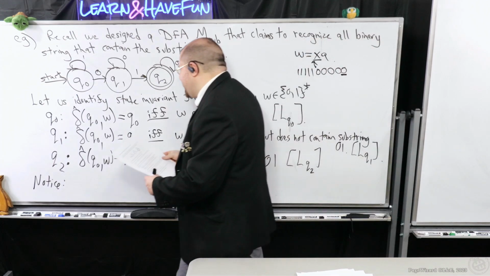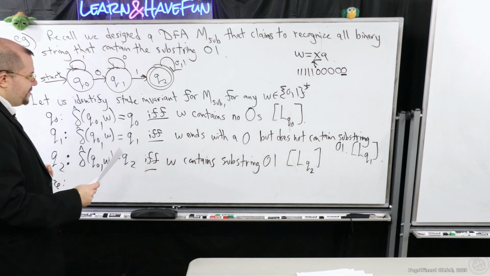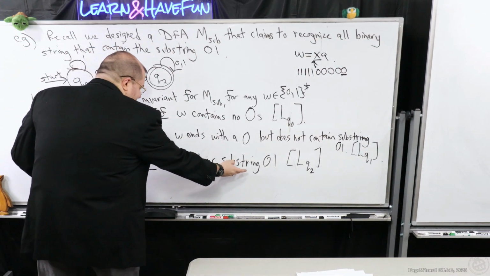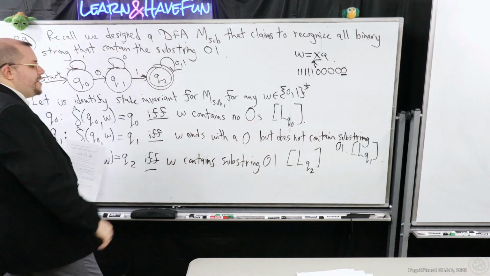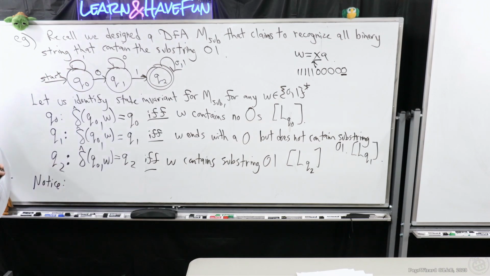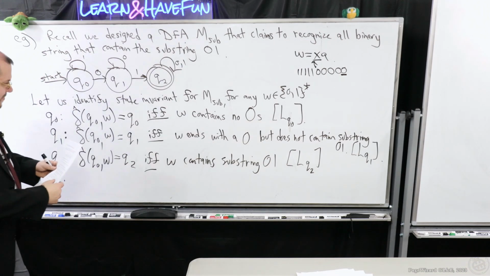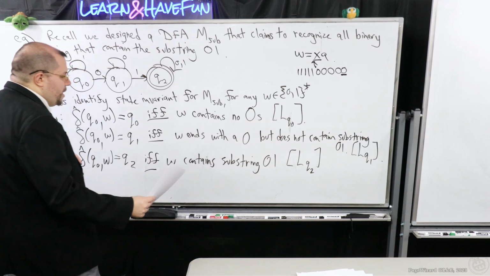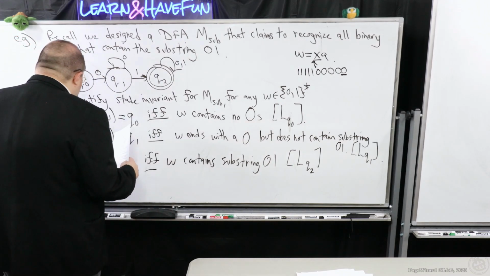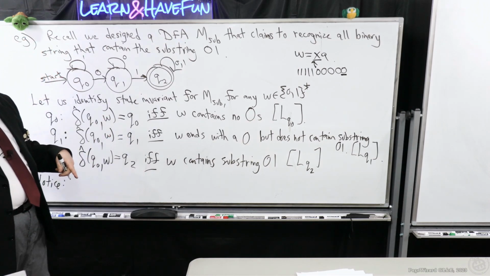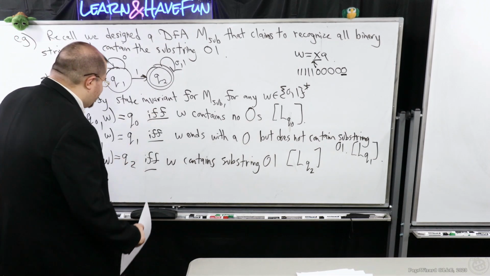So, why? Because notice this time it actually contains the substring, but it has no restriction on the fact that W ends with a 0, right? It can end with a 0 or a 1, and it has the substring. And it has to have at least one 0, right? So it's not in here either.